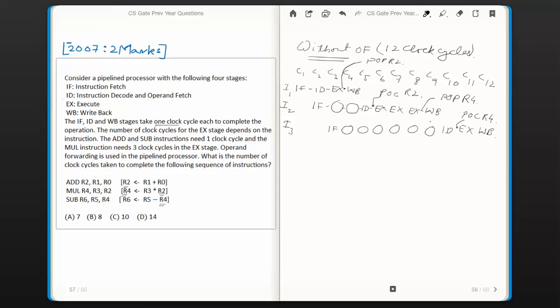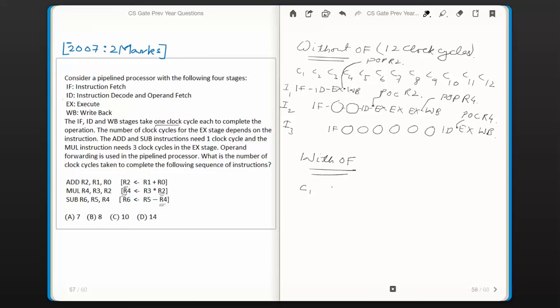Similarly, in the second and third instruction also, after this point of production of R4, the point of consumption of R4 can be scheduled right after it. So let us now draw the pipeline clock cycle diagram with operand forwarding and find out the number of clock cycles required.